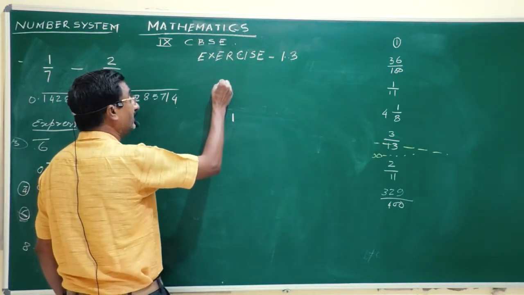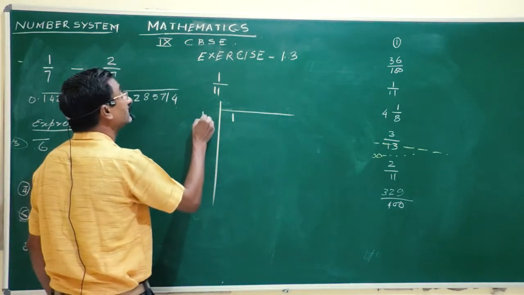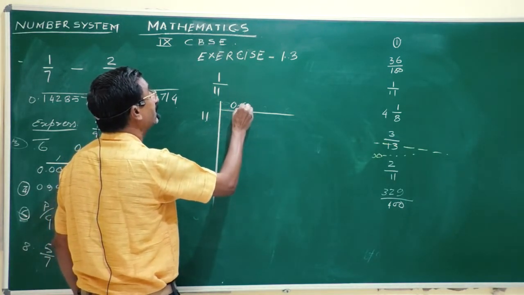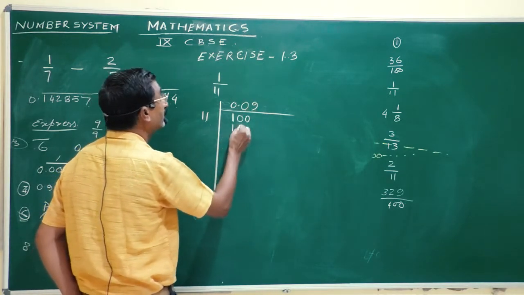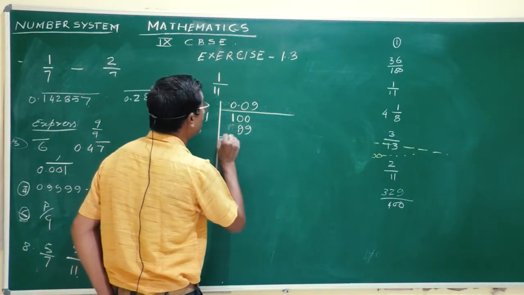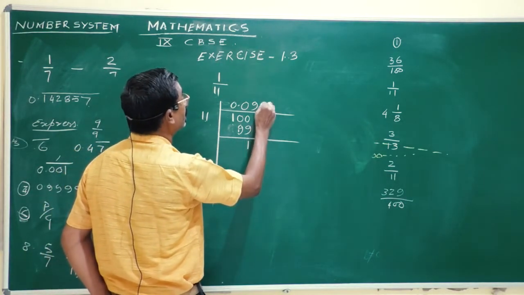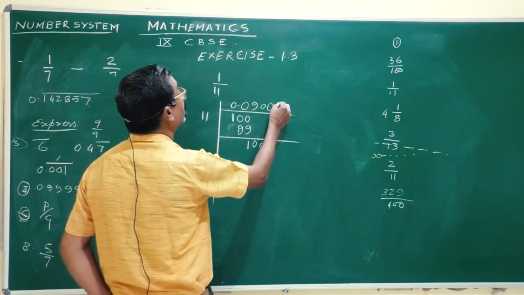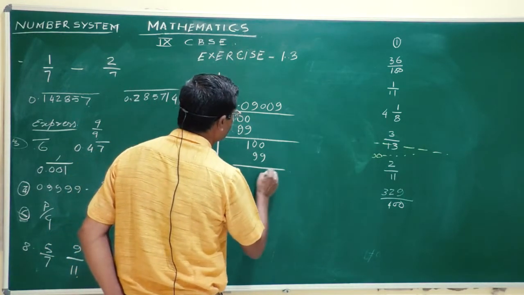So 1 by 11, point. So this is 0. It is still not divisible, so 0. 11 nines are 99. So here this will be again 1, and again 0, 0. 11 nines are 99. So this is equal to 1.